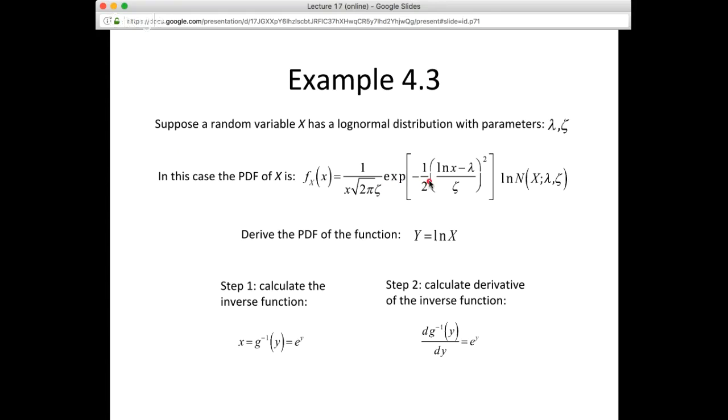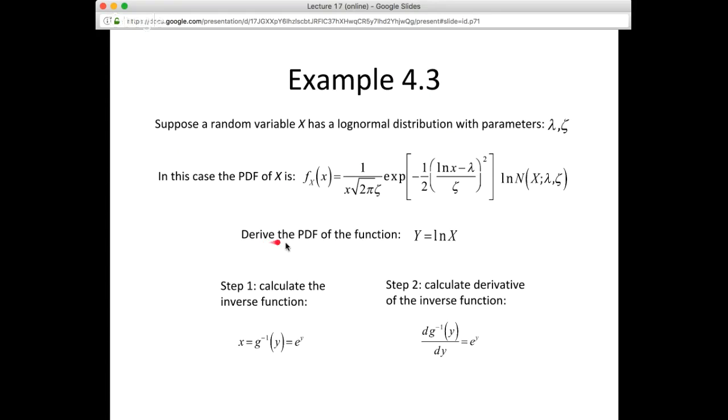And also, instead of x, we've got natural log x in the exponent here, as well as lambda and zeta playing the role of the mean and the standard deviation. And remember, the notation for this particular PDF is ln capital N, meaning log normal, of the random variable x given lambda and zeta. Okay, so that's all just definitions. That's the definition of the log normal distribution. You've seen that many times.